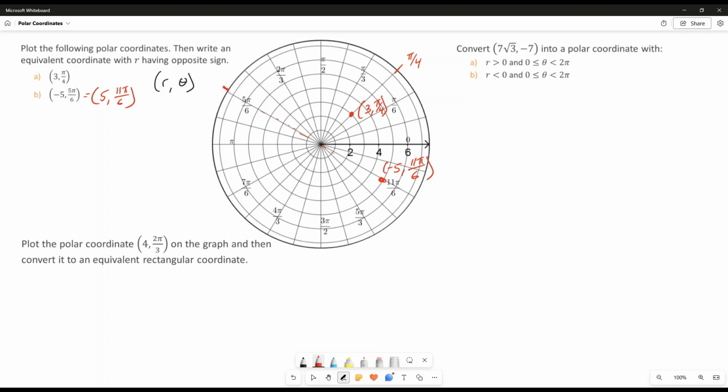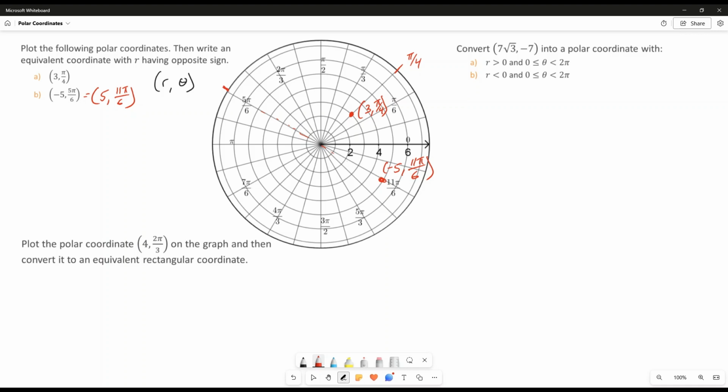And so we could keep listing coordinates or expressions for that coordinate using coterminal angles. Okay, so instead of 11 pi over 6, we might have 23 pi over 6, right? So again, that's something that we have to get used to because we're not used to seeing that with our x and y coordinates. So with polar coordinates, there are multiple ways to express the same coordinates or the same location.